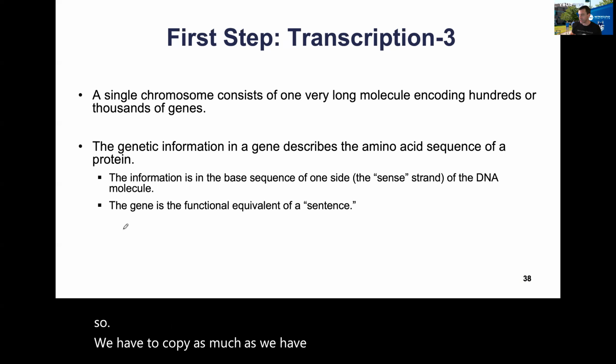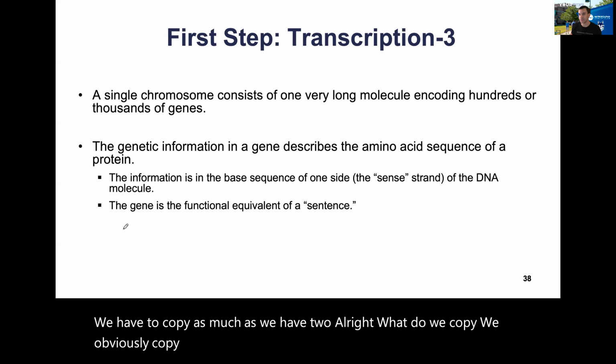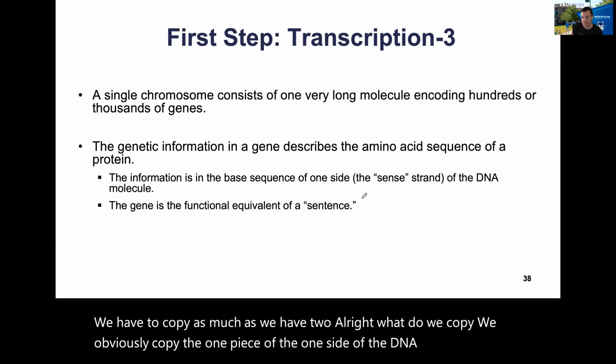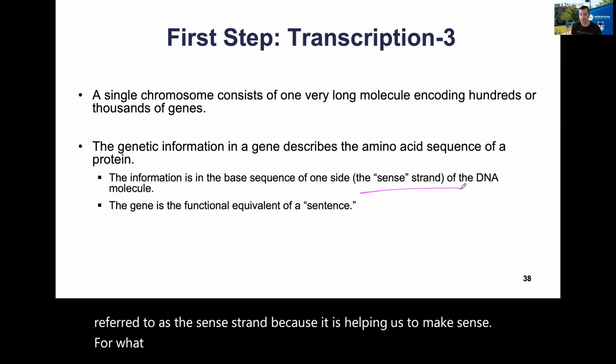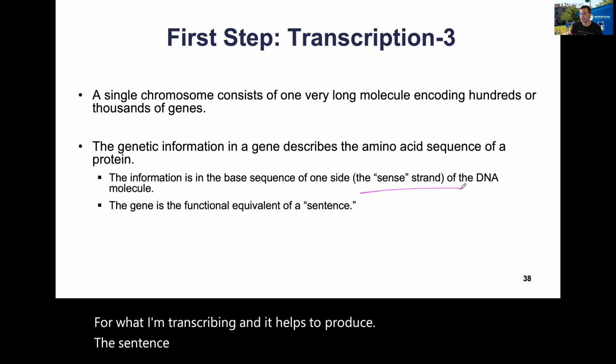What do we copy? We obviously copy the one side of the DNA molecule. And it's referred to as the sense strand because it is helping us to make sense of what I'm transcribing. And it helps to produce the sentence which I read to make the protein, all right?